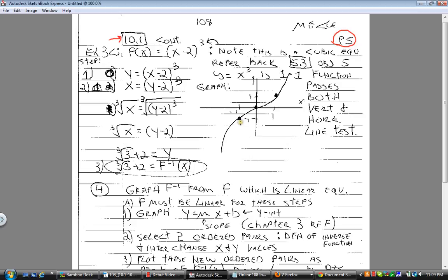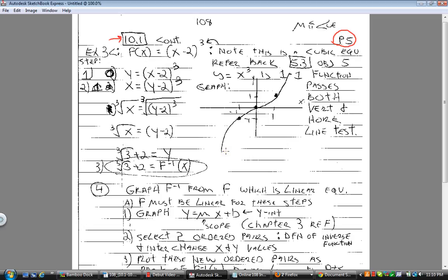You could do the XY expanded table like we've done before, pick values for x, find the output values of y, and match the ordered pairs. What you get here is a graph that looks like, I call it a propeller shape, kind of interesting, that cubic function. And now we're going to ask ourselves the question, is y equals x to the third a function?